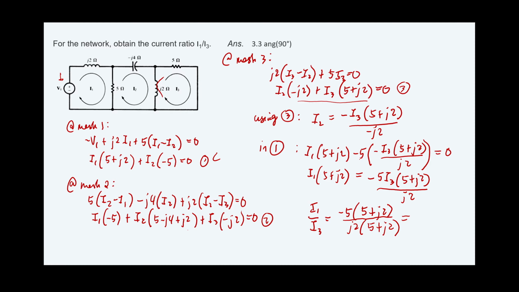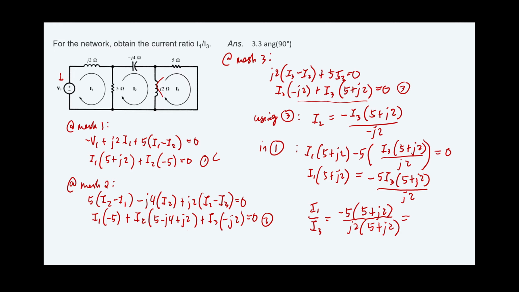Okay, I think there's a mistake in my answer. I think there's something wrong. 5 plus J2. I3, 5 plus J2. Okay, we forgot the negative in the denominator. So we forgot the negative, so cancel the negative.